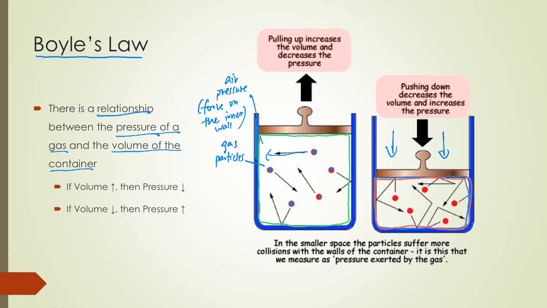So you may think they have a higher chance to hit the wall, because the space that allows them to move is less than before. That's why the air pressure will also increase.